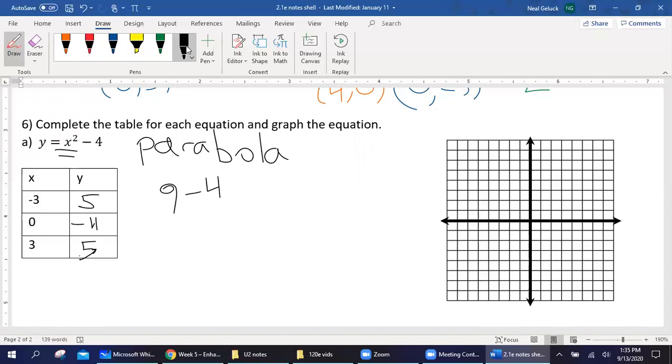And so I can plot my points here. -3, up 5. 0, -4, and 3, 5. And remember, this is a parabola, which is that kind of U-looking shape. It looks something like that.